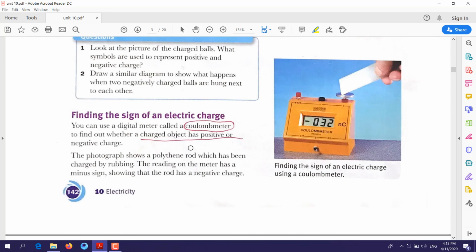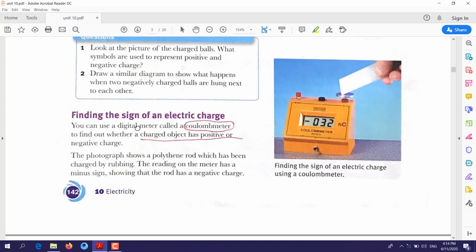Now, we explained what we mean by positive and negative charge, but how will we know which one is positive and which one is negative? How can we determine it? Finding the sign of an electric charge. As shown in this picture, this digital meter is called a coulomb meter.